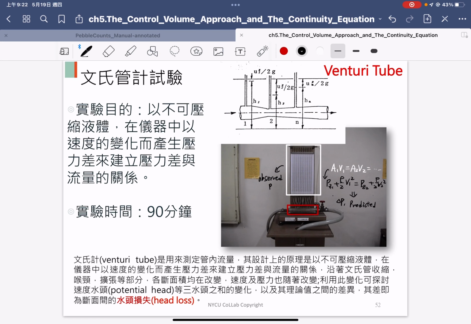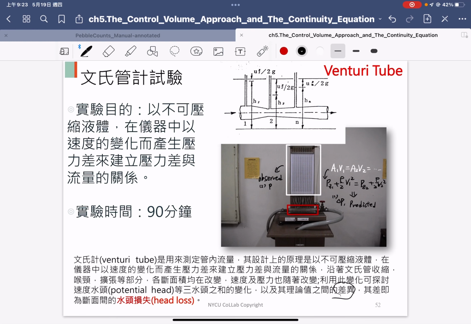One is the predicted, another is the observed. We can compare their difference.